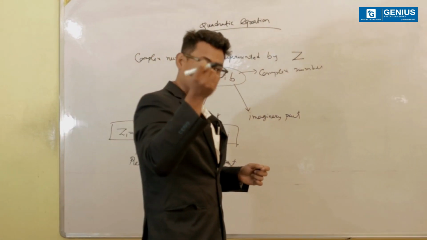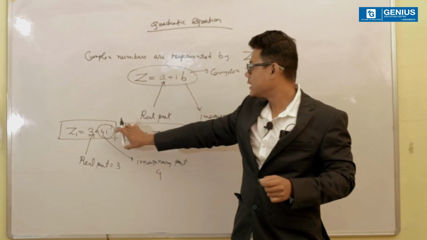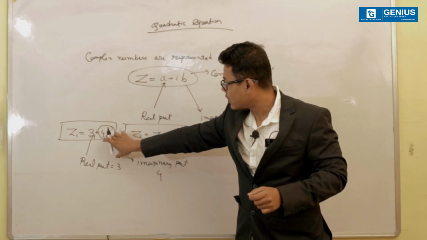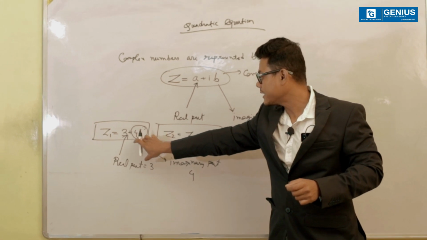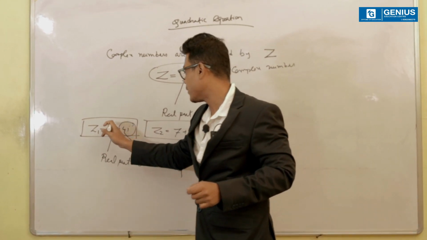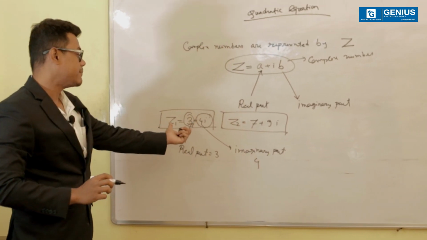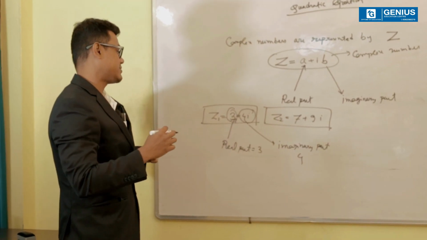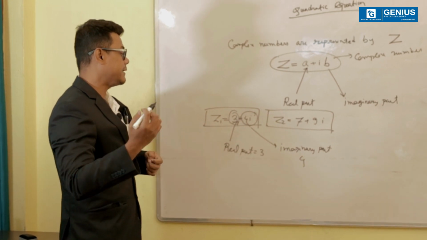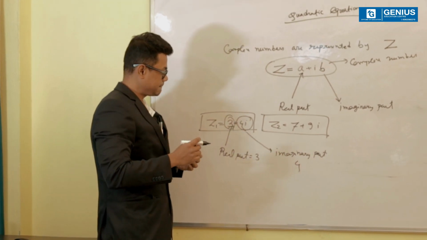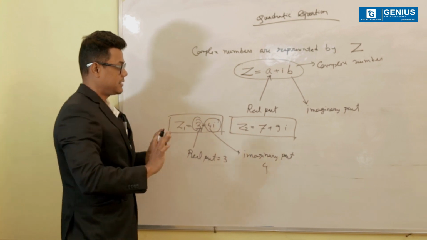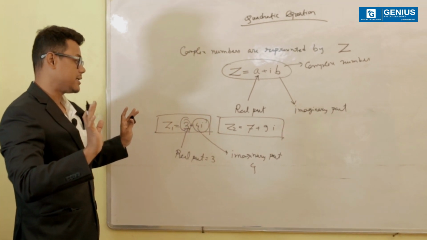Imaginary part is the number which is attached along with the iota, and the number which is alone in the complex number is the real part. So it is very important. You might be facing some questions related to the imaginary and real part. Okay. So this is how a complex number is described or represented.